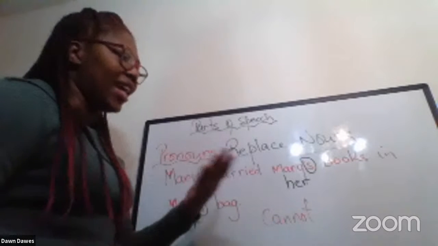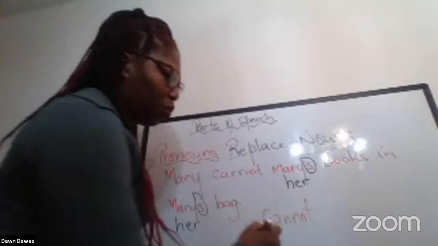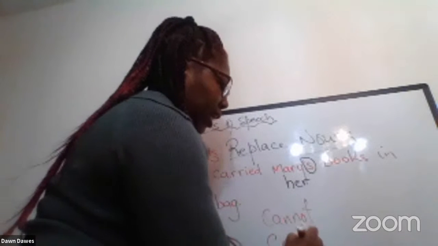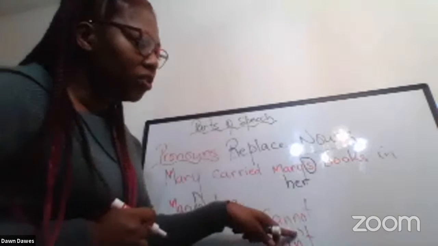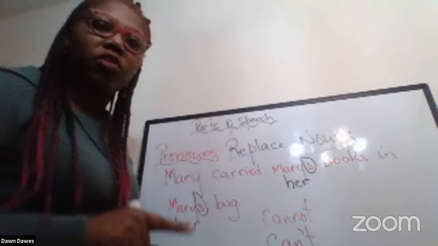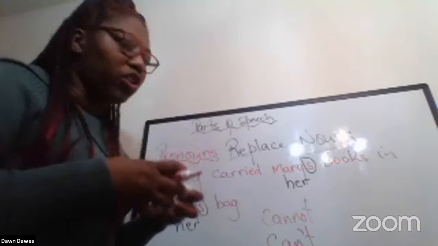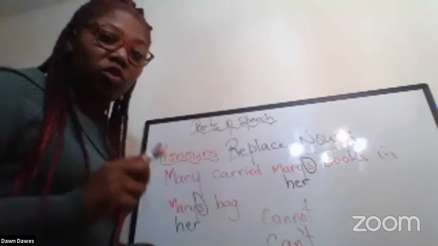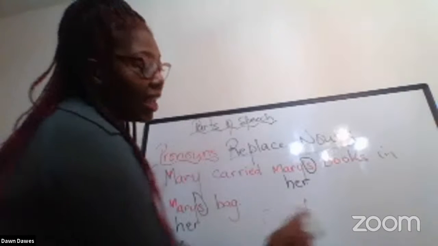But if we're writing casually, then we use the contracted form of the word, C-A-N, and we have the apostrophe T. The apostrophe here is called the apostrophe of contraction because it actually contracts the word, and wherever the apostrophe is, it shows that something is missing.